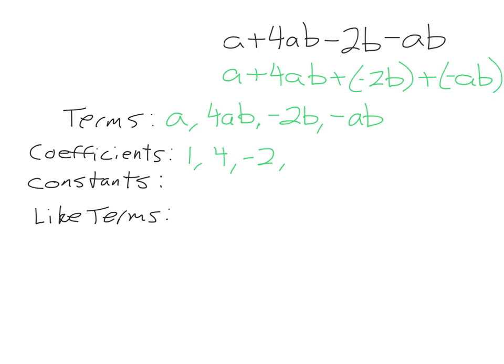So we say our coefficient is negative 1 for that one. Now our constants here, we have no constants. We can write 0. And like terms, now we only have two terms that are like terms, and it's the ones that have the exact same variables. 4ab and negative ab are the only terms that have the exact same variables. So 4ab and negative ab.